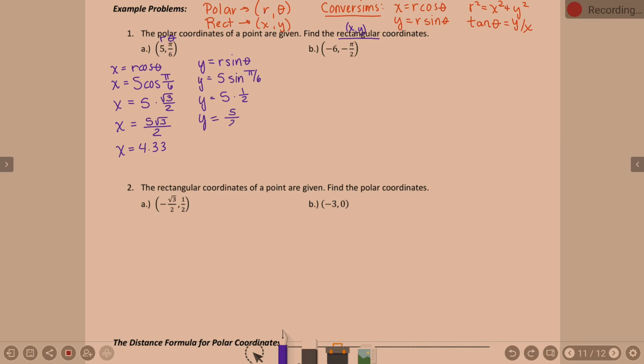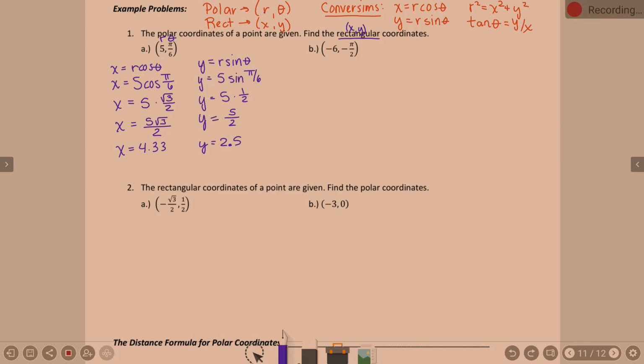If I'm matching the radical form, it's 5/2 if I keep it as a fraction. Or what is that as a decimal? 2.5. If you type in 5 sine pi over 6 on your calculator, do you get 2.5? You do.